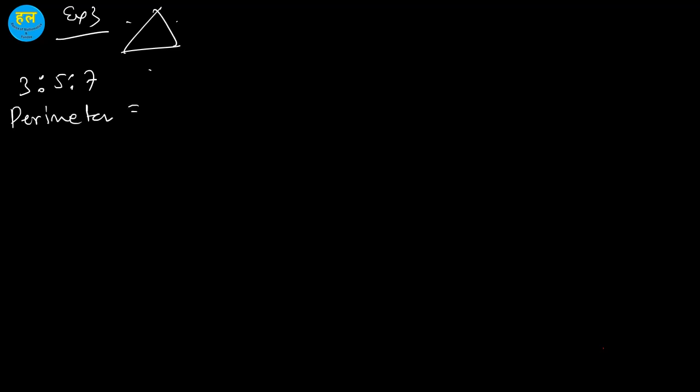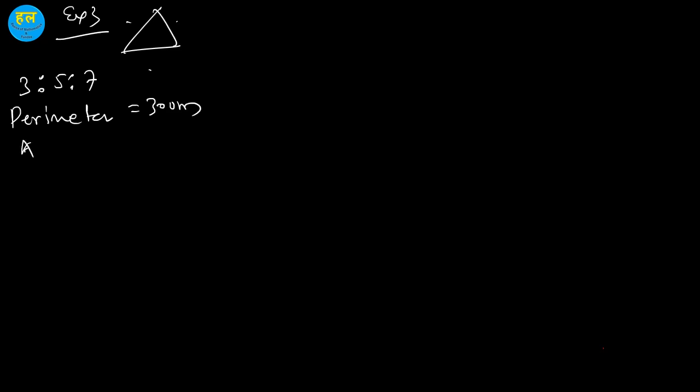Example number 3. Three sides of a triangular plot are in a ratio 3:5:7. What we get here is a triangle and the sides of the triangle are in a ratio 3:5:7 and its perimeter is 300 meter.